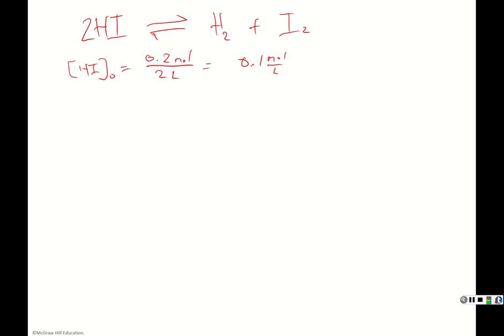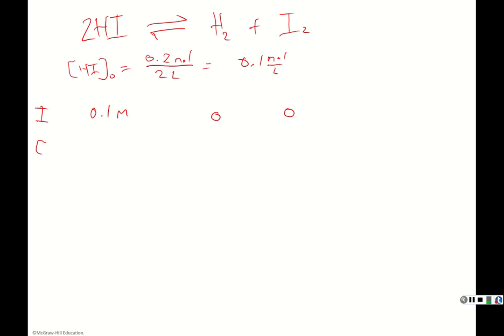Okay, so now let's do our reaction table. Our initial concentration for HI, which we just calculated, is 0.1 molar. Presumably we don't have any of the products at the start. Sometimes the question will tell you that you have a certain amount of the products to start with, but since they didn't say anything in this case, you can assume we have 0.